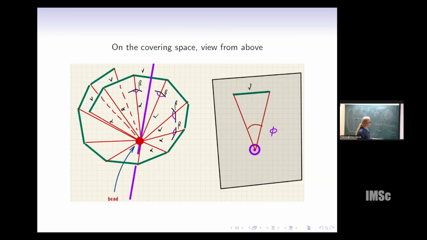You also need to know where to place the third vertex of the triangle. Two vertices were taken up by the edge, which we had to introduce because it had length nu, which was part of the orbit data. But the third vertex has to be placed somewhere, and this position is actually a modulus of the problem. I call it a bead.